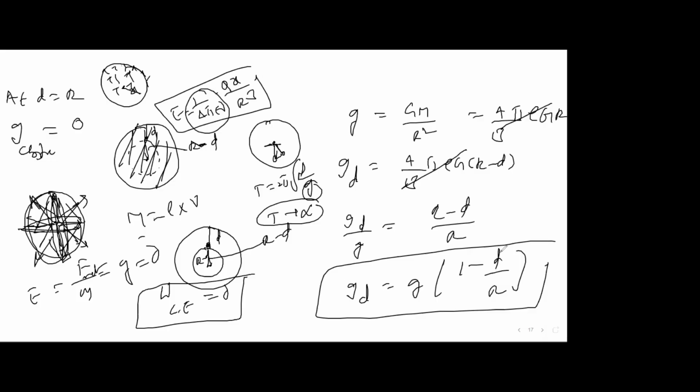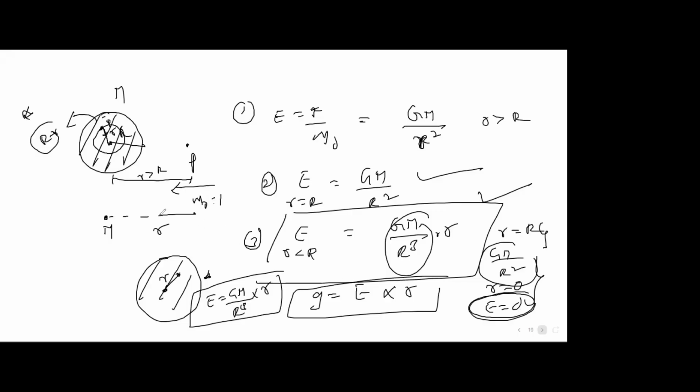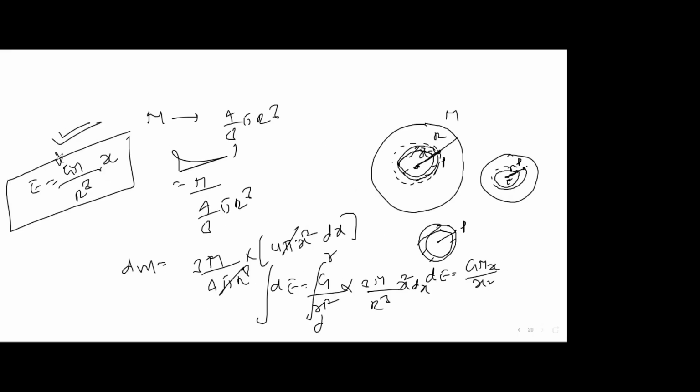See here, be careful. Here I have put GM by r cube into x, which is the formula I used earlier. G means 1 by 4 pi epsilon naught, M means q, r cube means r cube, x means x. As it is, the electric field because of a non-conducting distribution of charge is 1 by 4 pi epsilon naught qx by r cube. You can go and check. This is the intensity of electric field, force per unit charge at a distance x in a spherical distribution of charge.